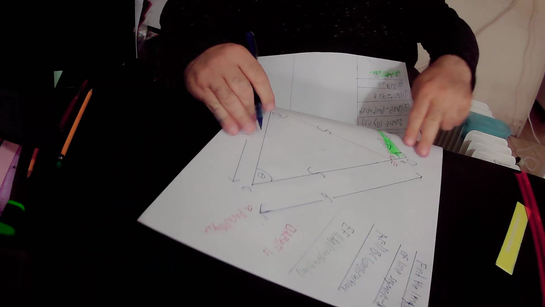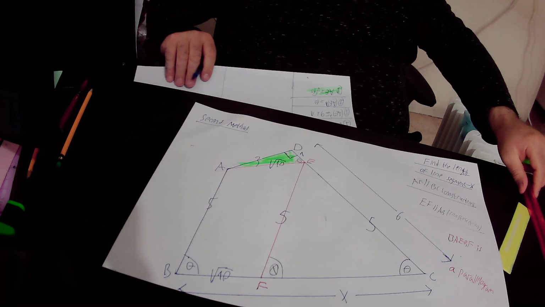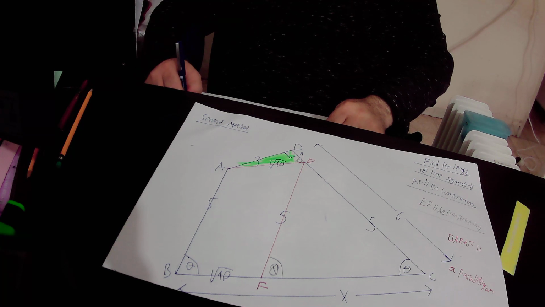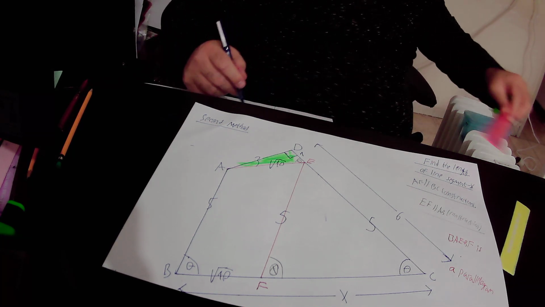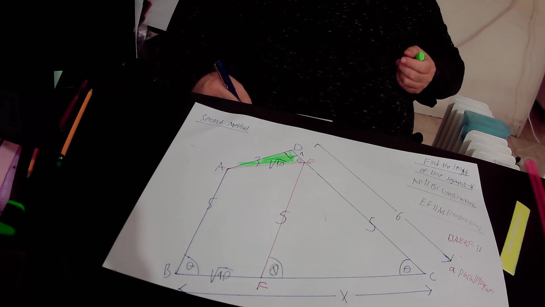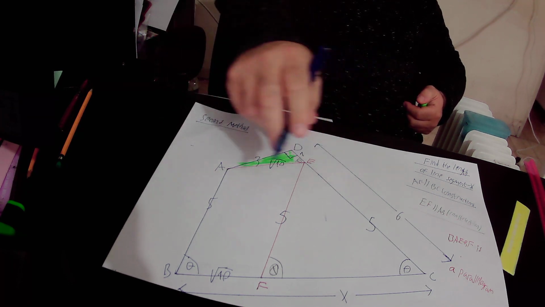And what is the length of side FC? From the drawing, it is very easy to see that the length of side FC equals BC minus BF.